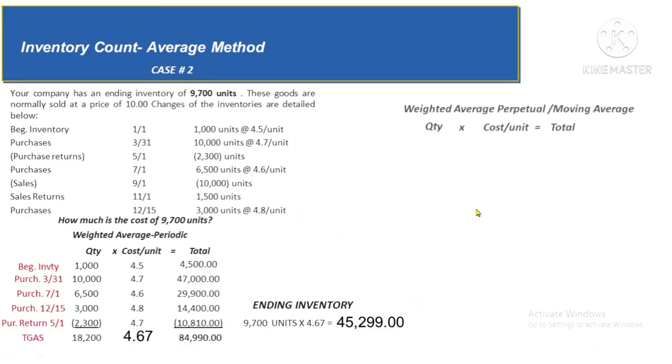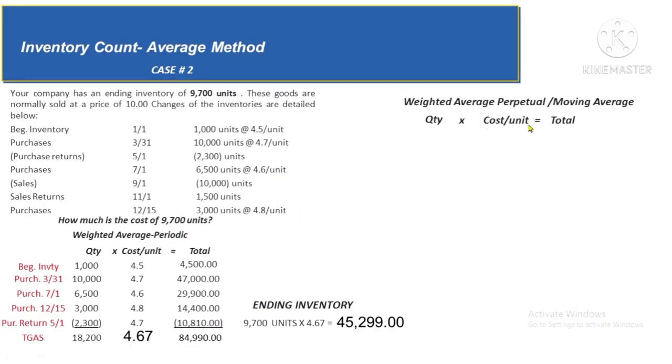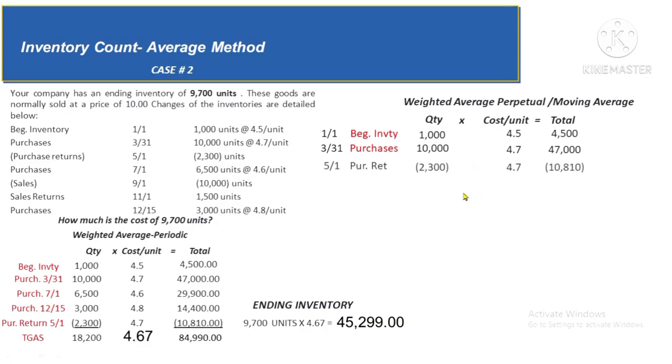How about the average perpetual or moving average method? Same with FIFO perpetual and LIFO perpetual, we are going to consider each of these transactions. So let's start with the beginning inventory at again 1,000 units at 4.5, and then next we have purchases on 3/31 at 10,000 at 4.7, followed by a purchase return of 2,300 at 4.7 per unit also.